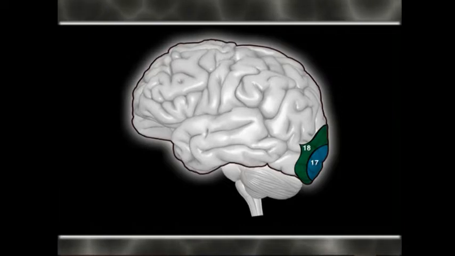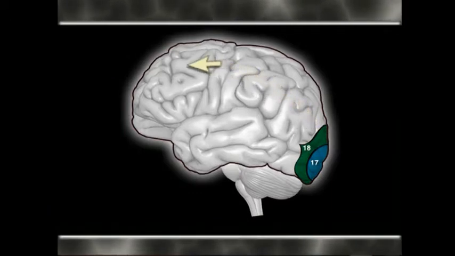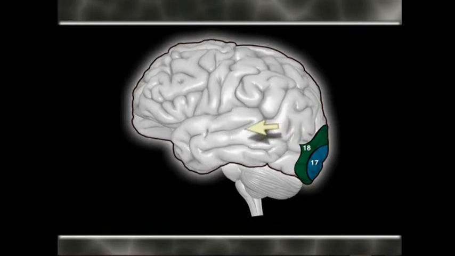You have one stream that goes up into the parietal lobe and areas up here devoted to vision that are going to help you understand where something is in space. And you have a ventral stream that's going to go to higher order visual areas down in the temporal lobe to tell you what something is. So where and what are going to be processed by different higher order visual association areas.